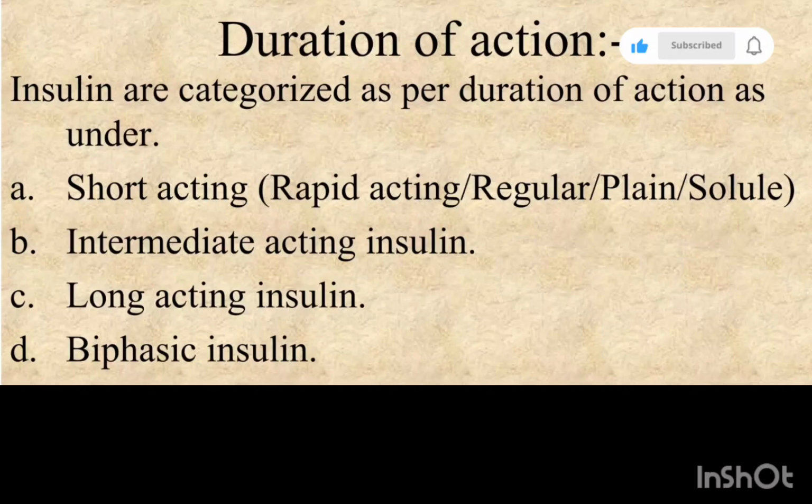Based on the duration of action, there are short acting insulin, intermediate acting insulin, long acting insulin, and biphasic insulin. The short acting insulin is classified as rapid acting, regular acting, plain acting, and soluble acting.